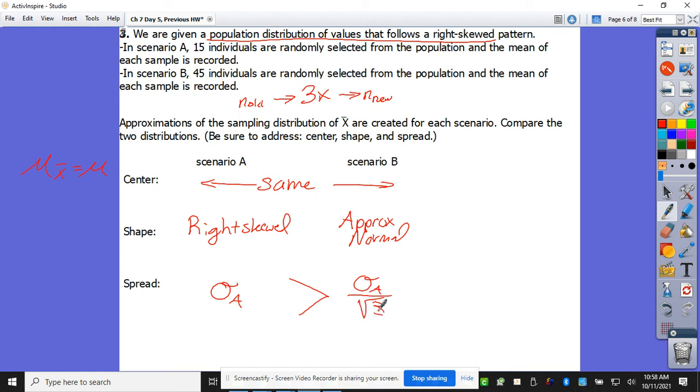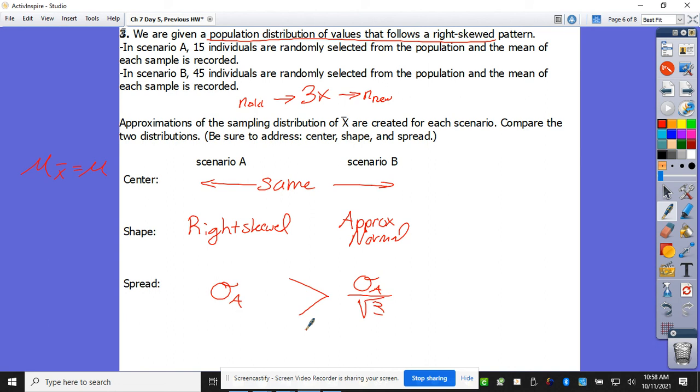Because of the same thing you just said. If this were 9 times, it's going to be a third of my standard deviation. So I'm dividing it by the square root of how much bigger it was. But that's kind of a little bit of a step farther. You need to know this, that this one is bigger than that one.